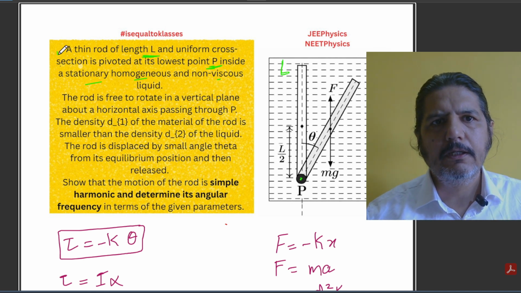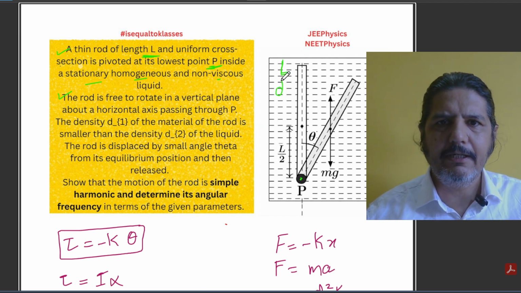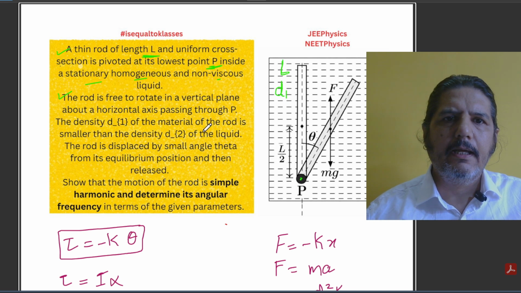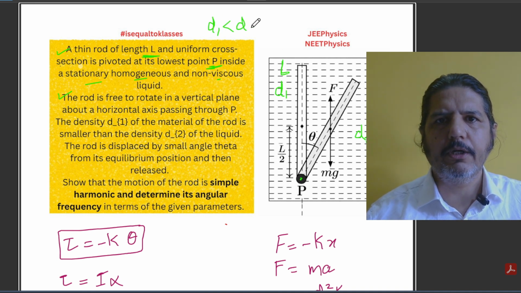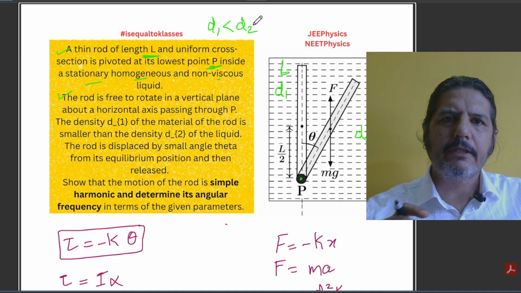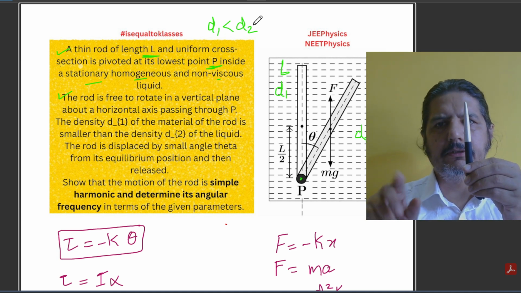So the first line is okay, second line is okay. Density d1 of the material of the rod, so the rod has a density d1, is smaller than the density d2 of the liquid. So density of the liquid is d2, so d1 is less than d2. The density of this material is less than the density of the water.